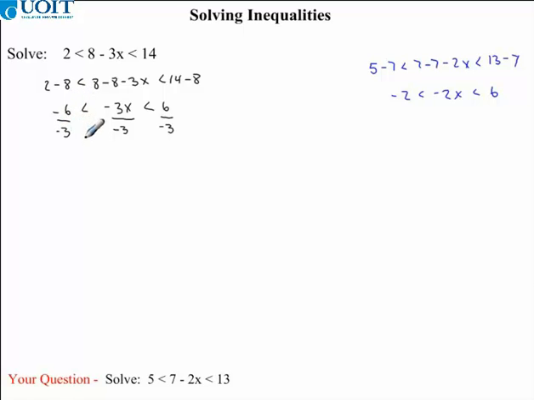Negative 6 divided by negative 3 will give us positive 2, changing our less than symbol to a greater than symbol. Negative 3x divided by negative 3 will give us positive x. Again, we need to change our symbol here to greater than. 6 divided by negative 3 is negative 2.